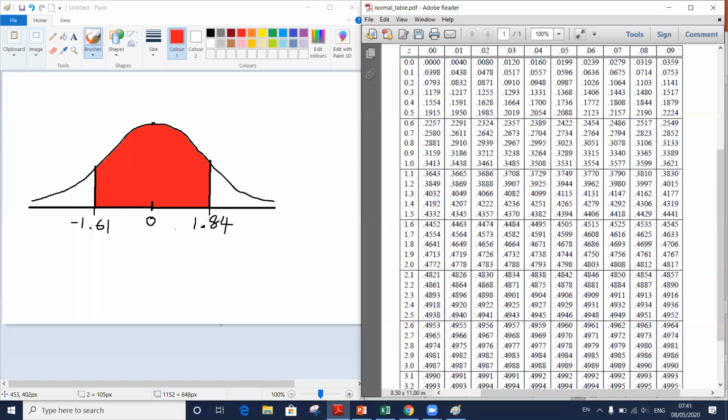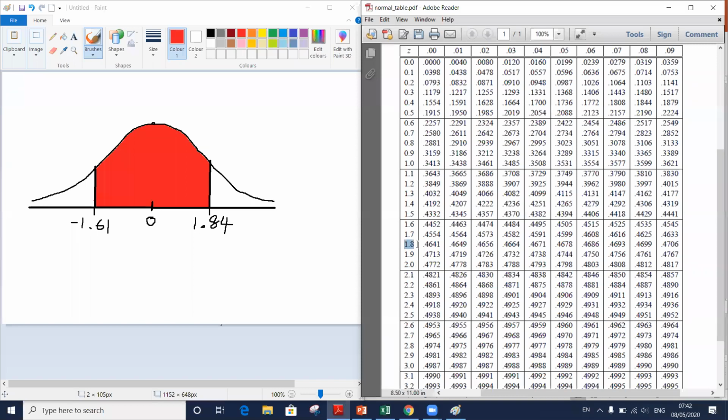First we will find 1.84. What is the relevant Z value for 1.84?